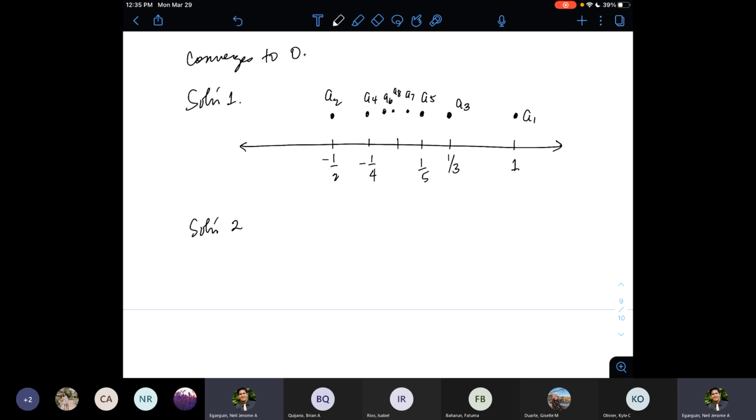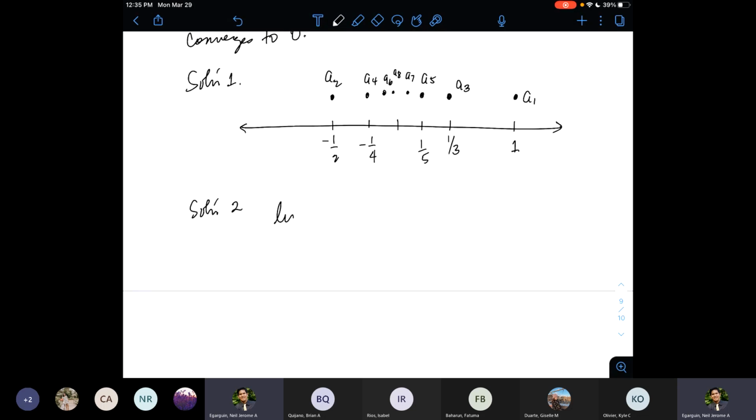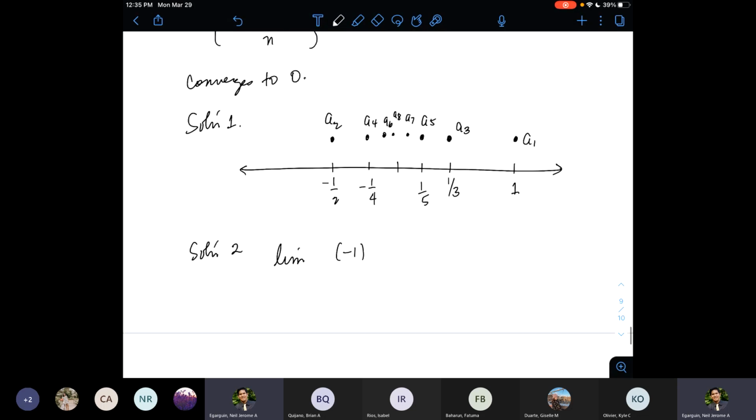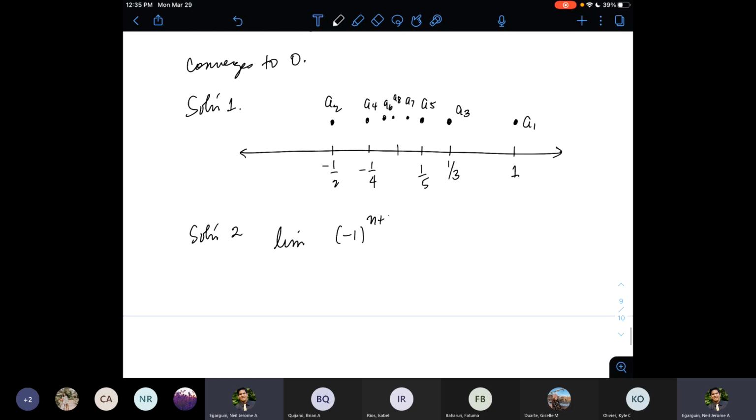Okay, let's see. Or you can do another solution. Do it analytically. So look at the limit of (-1)^(n+1) all over n as n approaches infinity. And look what happens. Well, the numerator, when n goes very, very large, it's still a toss-up between plus or -1, right? So the numerator is either positive or -1.